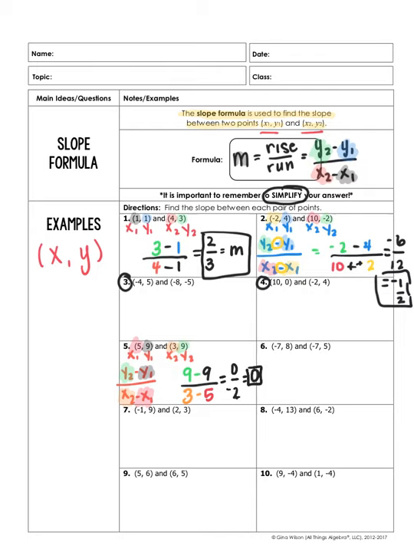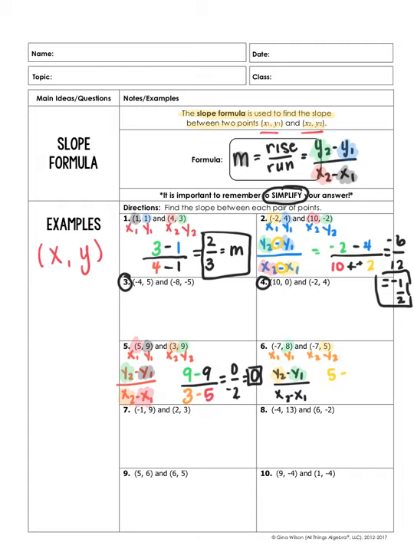Again, first things first, label your x1 and your y1, x2 and y2. Our formula says to do y2 minus y1 all over x2 minus x1. In this problem, y2 is 5, so I have 5 minus, my y1 is 8.